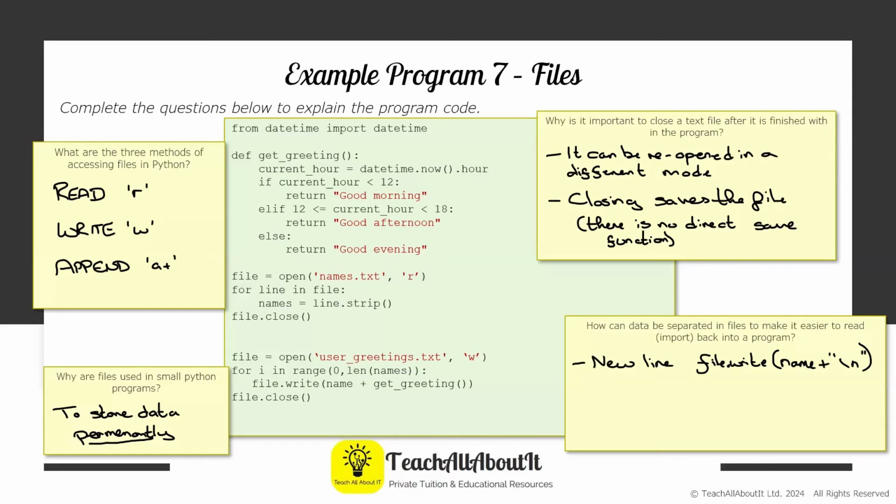So you do actually have to put that in there. In this case, where I have file.write name plus get greeting, this is actually going to write everything all on one really big line, which is not particularly helpful. If I add a \n to the end of that line, every name with its greeting will be stored separately. And then I can use this for line in file, because the for loop will detect the \n as a new line character.